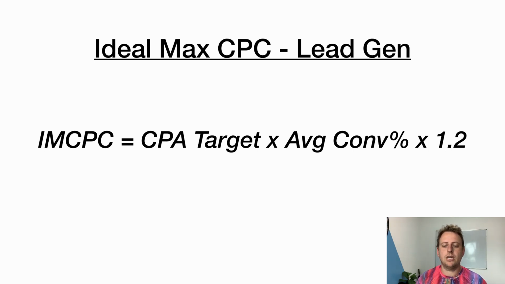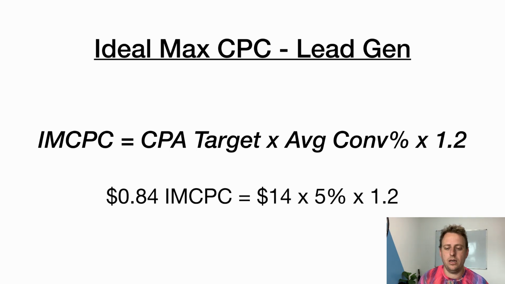Now your CPA target is once you know how many leads it takes you to get one sale, and how much profit that one sale makes you, you can then work out, okay, how much am I prepared to spend per lead to generate a sale? And that amount per lead that you work out is your cost per acquisition target.